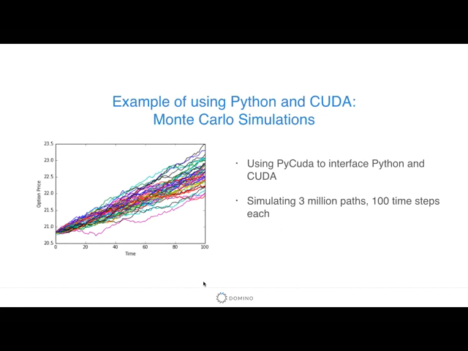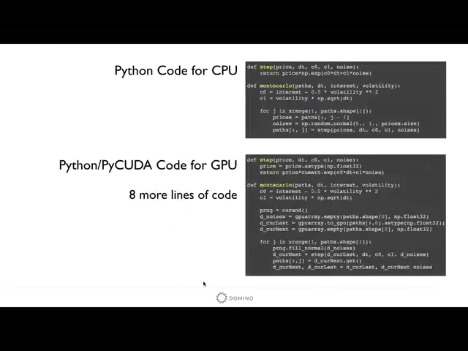So as an example, let's go back to our original example, which is Monte Carlo simulations. We're just going to do this using PyCUDA, which interfaces Python and CUDA. And instead of just doing 50, we'll simulate 3 million paths, each with 100 time steps. The top portion is Python code for the CPU.